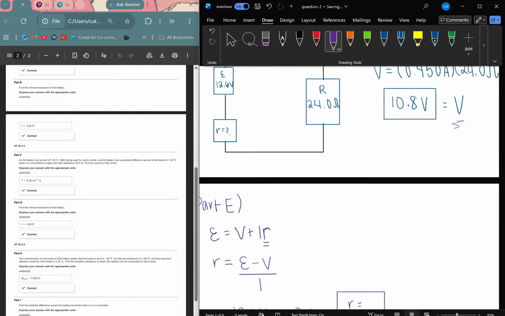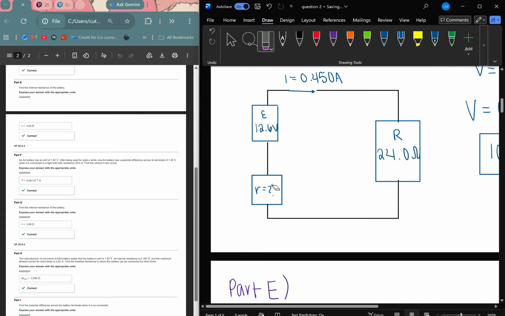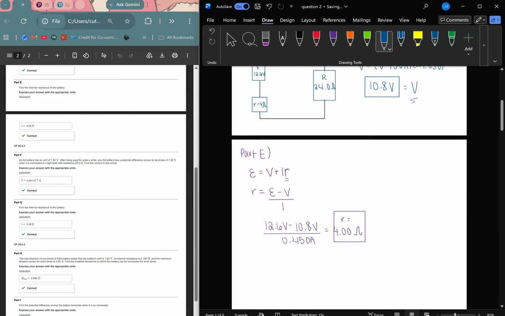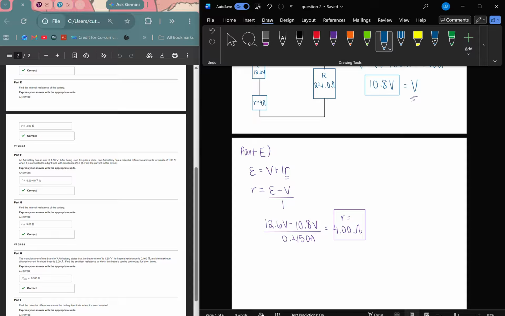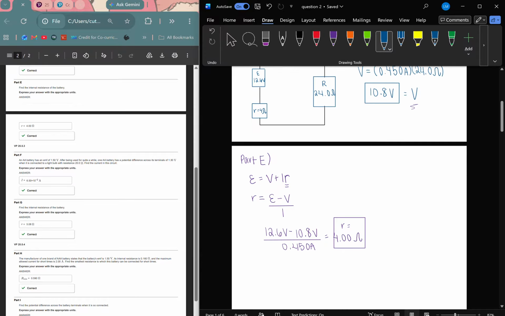So we found out this is 4 ohms. This result makes physical sense because a battery with internal resistance loses some of its voltage inside the battery itself. So that's why the terminal voltage is lower than the electromotive force.